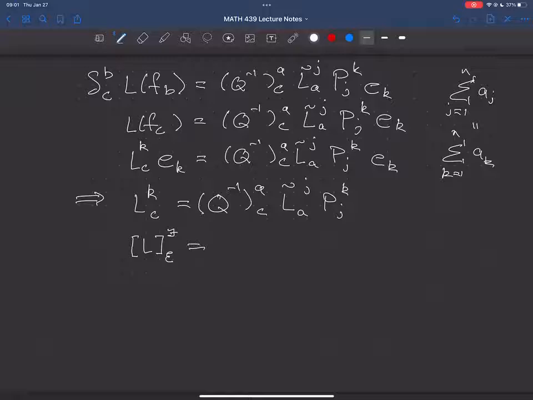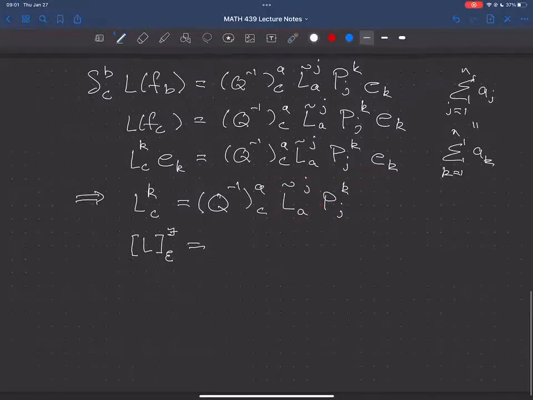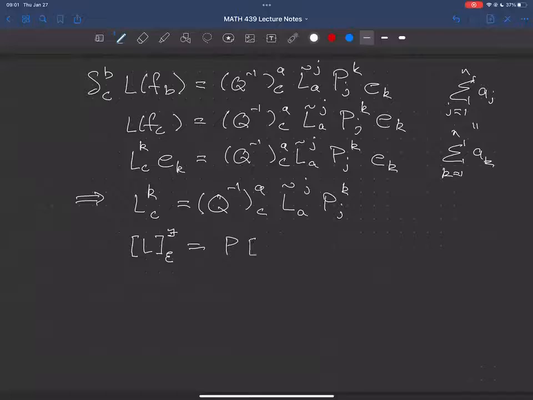Okay, so we're going to apply that down here. All right, so let's look at this expression. I'm actually working this out myself, because I can never tell when I look at these things. And the fact is, it kind of doesn't matter, but just to connect this to what you already know. So I look at the summation over J here. According to the rule that I just wrote down, this should mean that P goes on the left of L, so this should be the matrix P times the matrix L in the tilde basis.